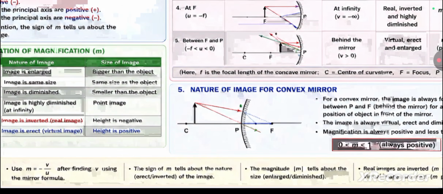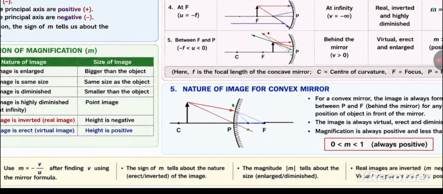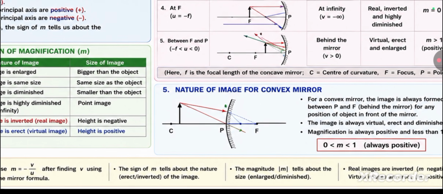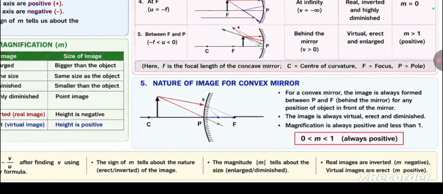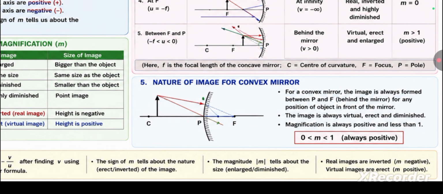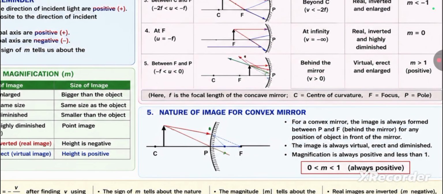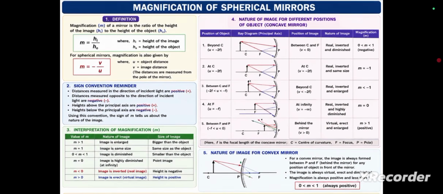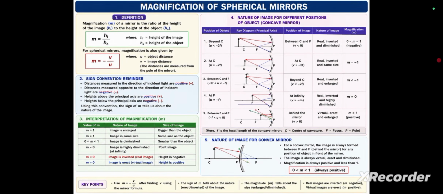The magnitude of m tells about the size, enlarged or diminished. Real images are inverted, so their magnification is negative. Virtual images are erect, so their magnification is positive. Okay, I hope all of you understand the topic, magnification of spherical mirrors.